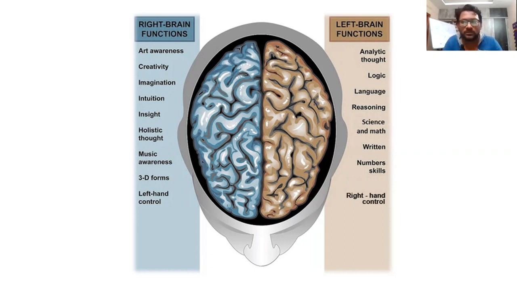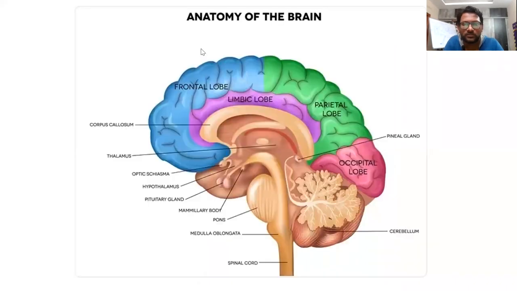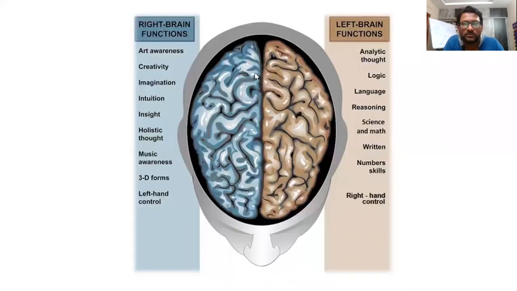Previously we discussed different parts, locations and areas of the brain in general, and now we'll specifically speak about the right hemisphere and left hemisphere, where the brain can be divided into two hemispheres. One is right, another one is left.